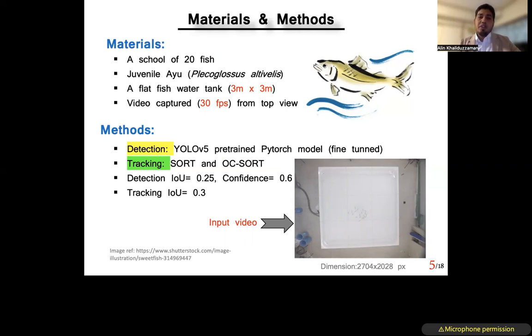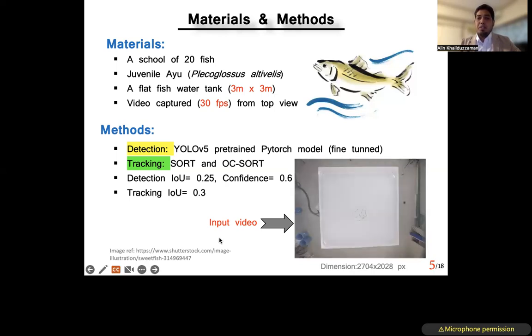So in our case, we use the YOLOv5 pretrained PyTorch model, fine-tuned for the detection purpose. And we combine this detection with the trackers, SORT and OC-SORT. And the parameters I mentioned here are the default settings for the IOU for the detection and tracking and the confidence level for the detector.